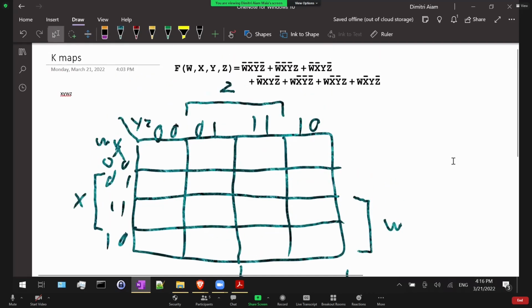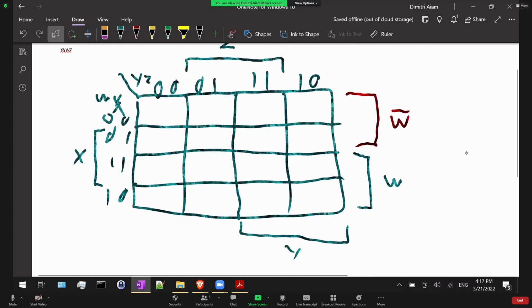And then, in the opposite direction, you see the 0 and 0 over here? So this over here is W not. This over here, 0 and 0, is Y not.